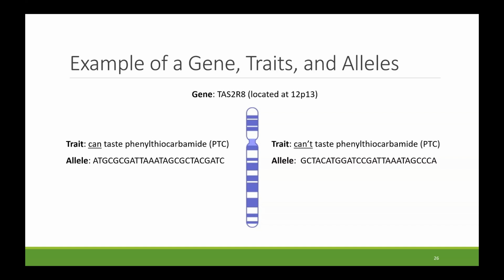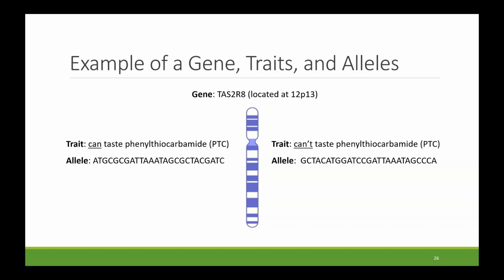And of course, I'm showing just one string of letters, and we know that DNA contains two strands, but this is the conventional way that scientists show the contents of a gene. They just show one strand. So you can see that between these two alleles, the letters are not the same. And this difference in the letters is what accounts for the difference in being able to taste PTC or not being able to taste PTC.